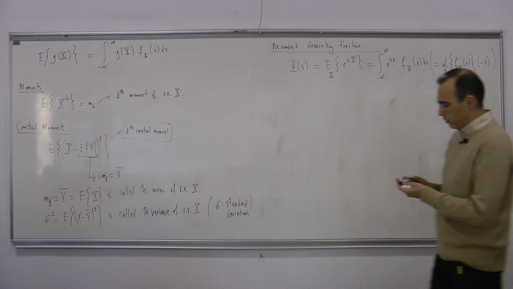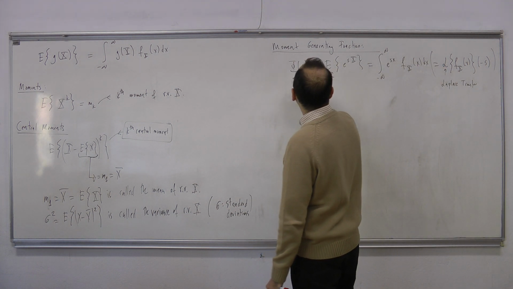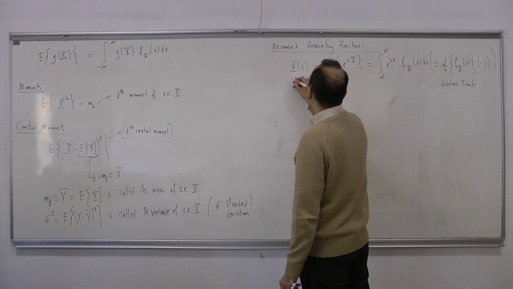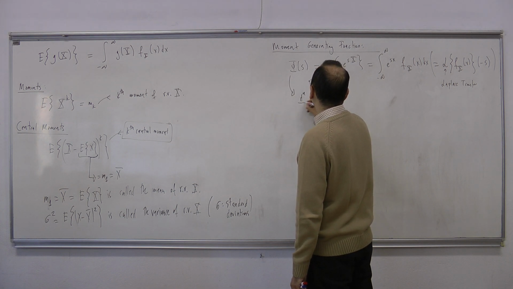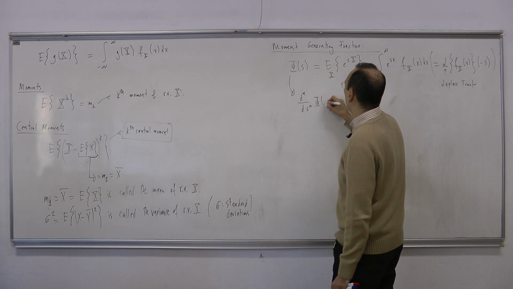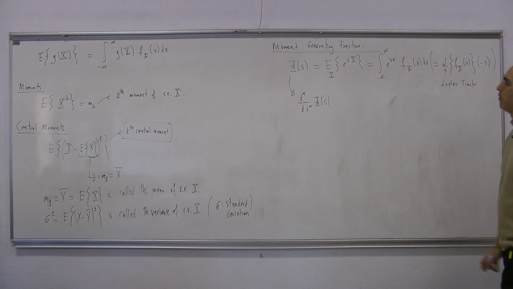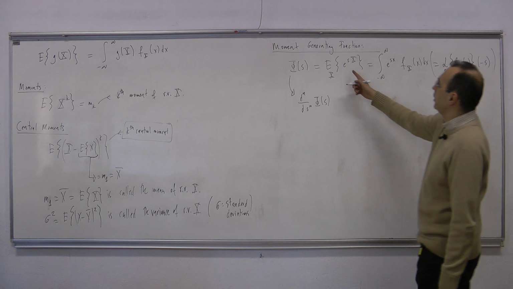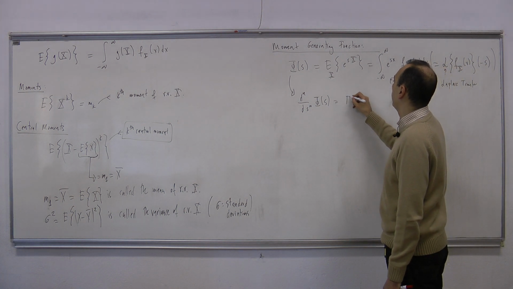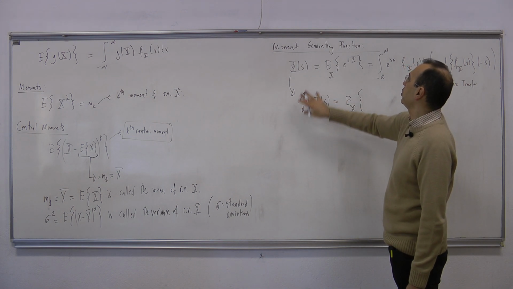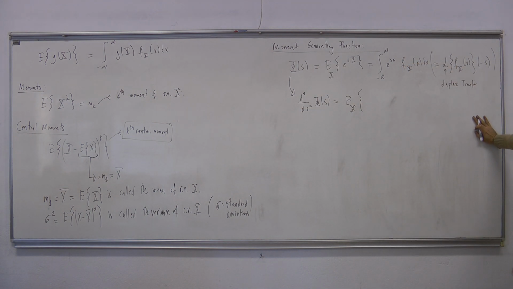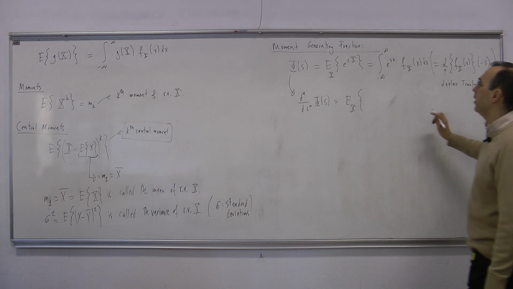Now, why do we call this moment generating function? Now let me take, these are interesting facts actually, nth derivative of this phi function. Okay, so how do I take the nth derivative of this phi function? We move this differentiation inside of this integral. We don't discuss how and why.